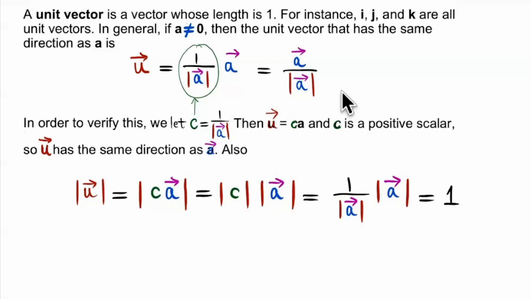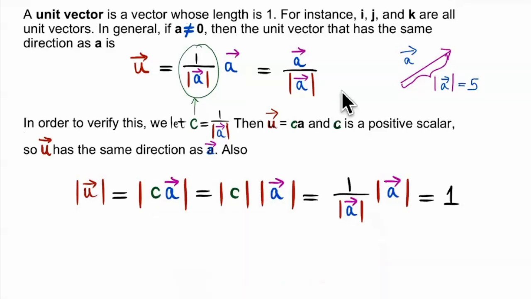Okay, let me give you an example then. So suppose you have this vector A, right? This is the vector A. And suppose the magnitude over here is say 5. Then how can I get the unit vector in the same direction?